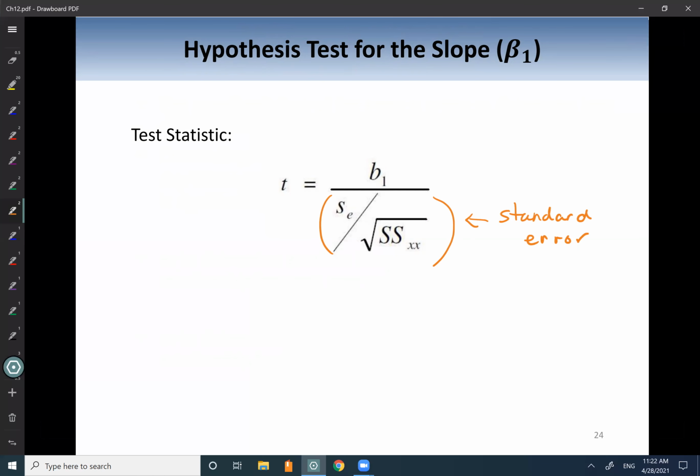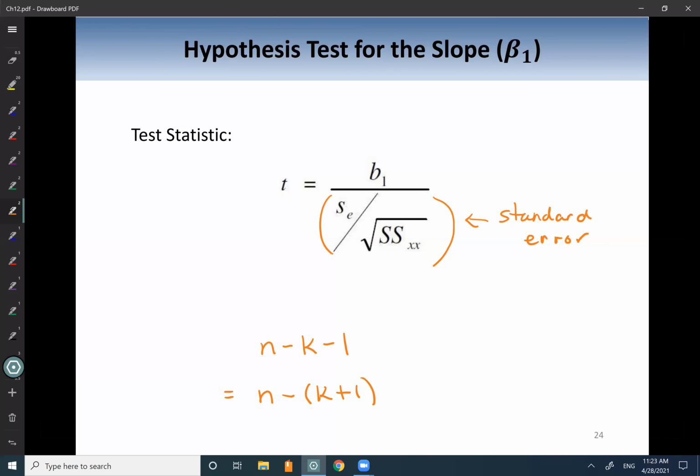Okay, and so you might be wondering, what do we use for the degrees of freedom? The degrees of freedom, instead of just n minus 1, like we've been used to using, for regression, it's n minus k minus 1. Another way to write it too, you might see it in the text, is n subtract (k plus 1). They are equal to each other when you remove the brackets.